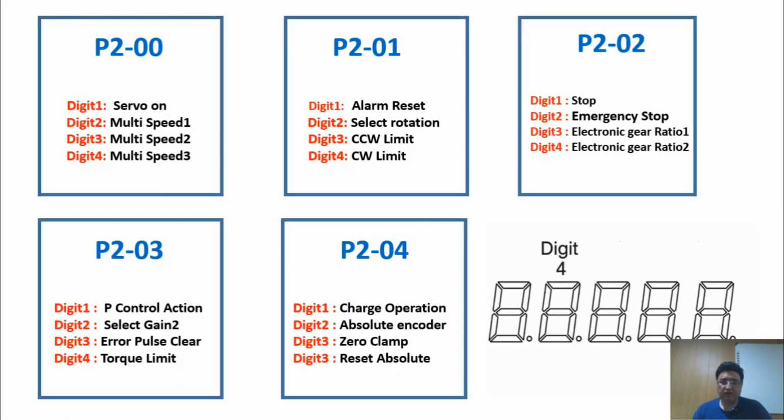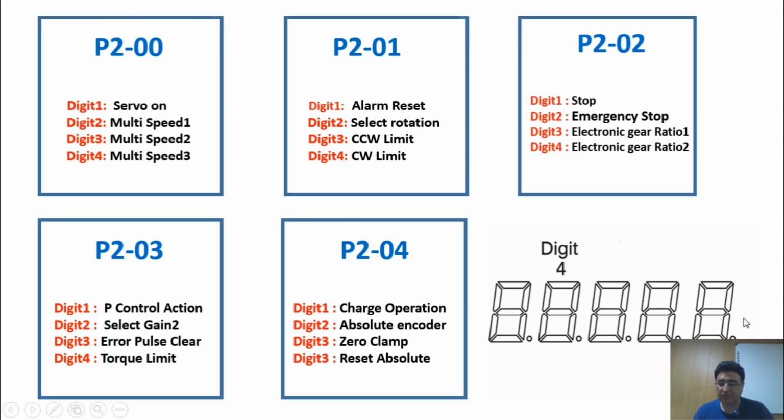In this image, you can see the various parameters of the servo system. Each of these parameters has a set of functions defined within its structure. For instance, if you want to assign one of your servo's digital inputs to the servo on function, you need to navigate to parameter P2-20 and set its first digit.